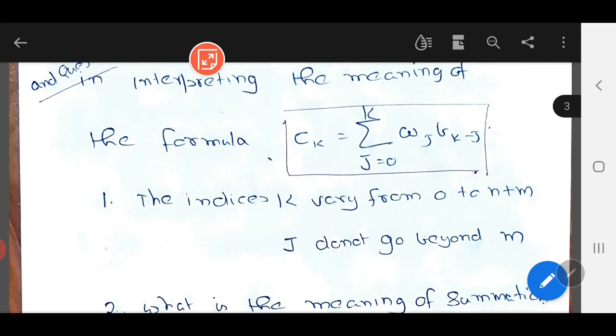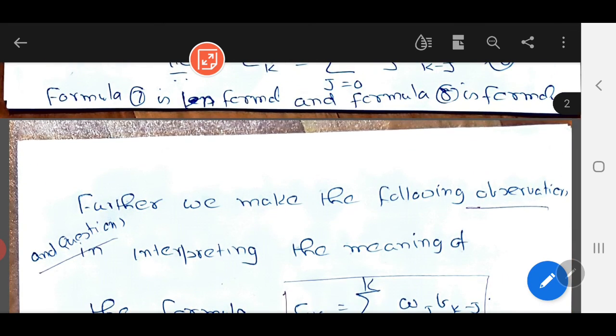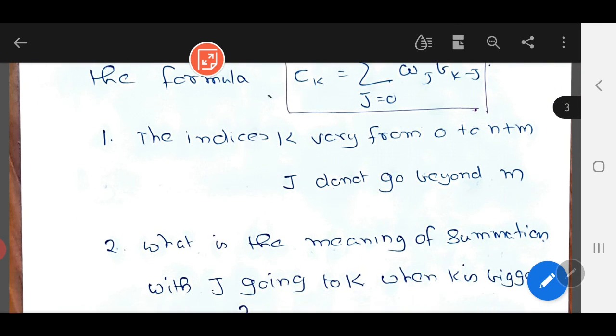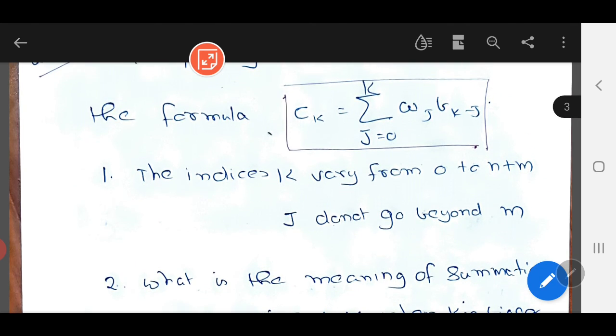Some more observations and questions about this formula. The index k varies from 0 to n plus m, but j does not go beyond m. That is very important here. What is j?